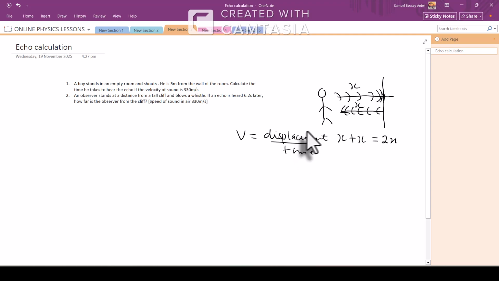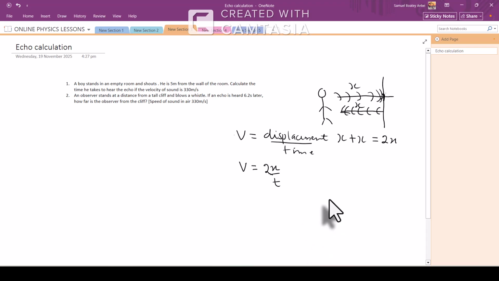I hope you recollect that. So using our notation here, we can say that V equals x over t in general terms. But when it comes to echo, because the wave travels twice, in and out, then x becomes 2x. I hope that is quite clear.